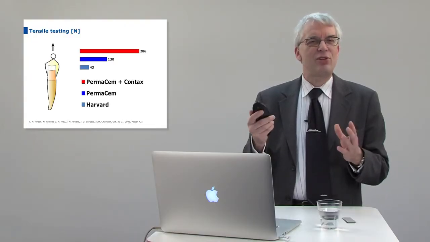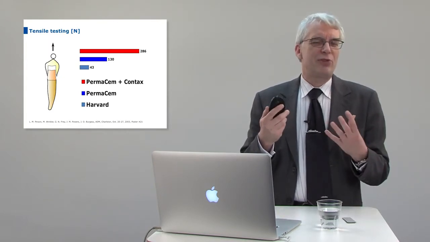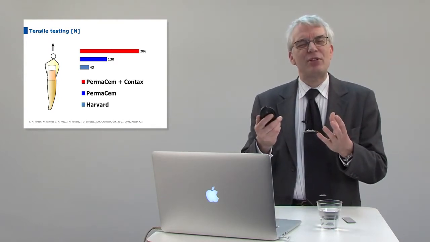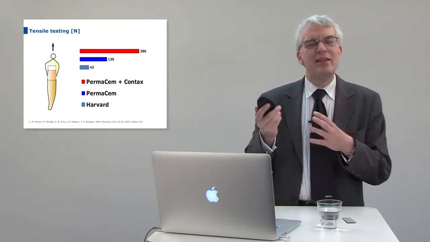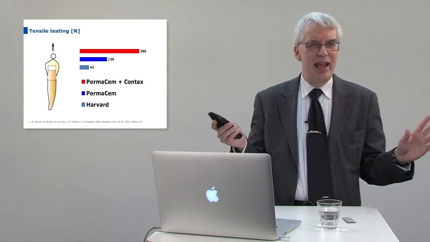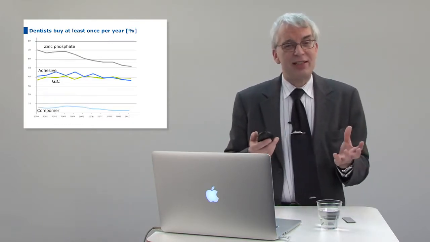So this sounds good, but for a lot of dentists it was also very frustrating because they wanted always to know, do I need a bonding agent or don't I, and when? And this is now all over because with PermaCem 2.0 you don't need any bonding agent. And this is what really got dentists to it.